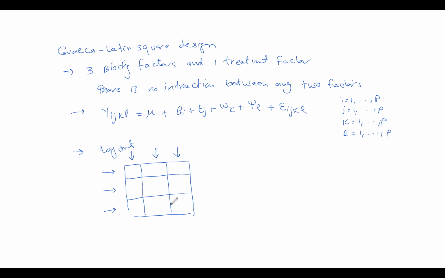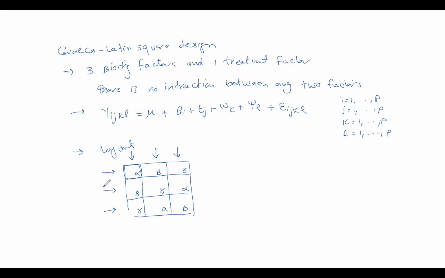And the third blocking factor, we use notations like alpha, beta, gamma. So we need to assign these alpha, beta, gamma. Let's say beta, gamma, alpha, alpha, gamma, sorry, alpha, beta. So this one is a combination of the three blocking factors.